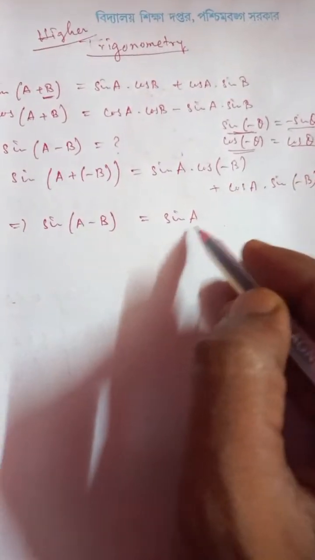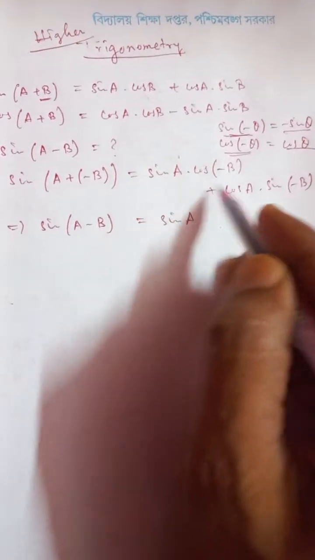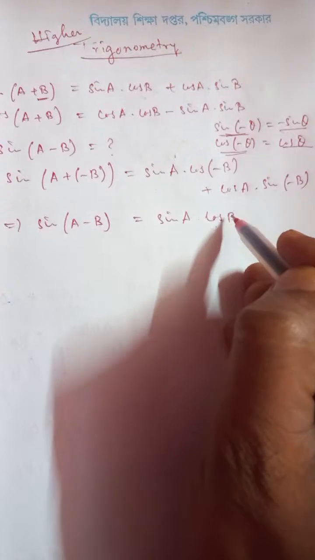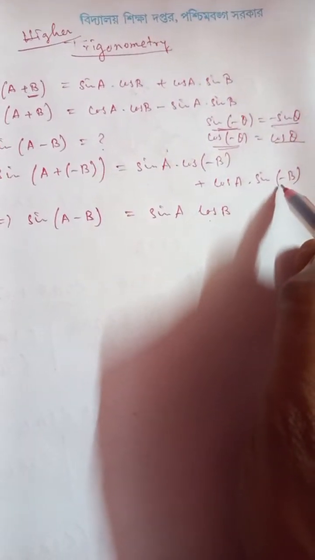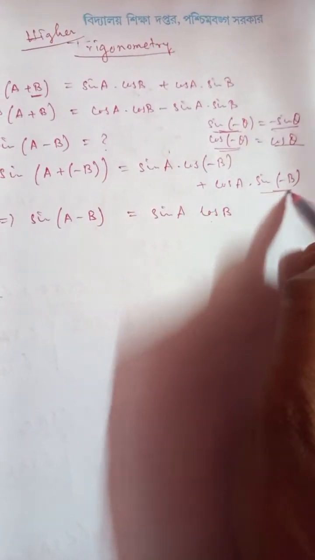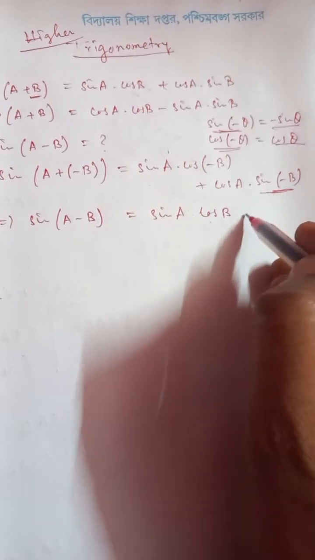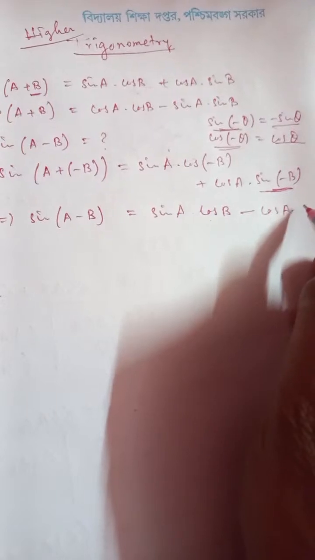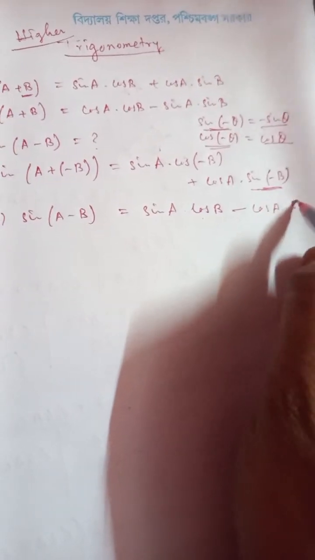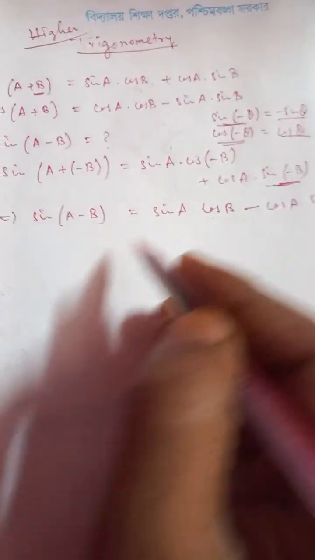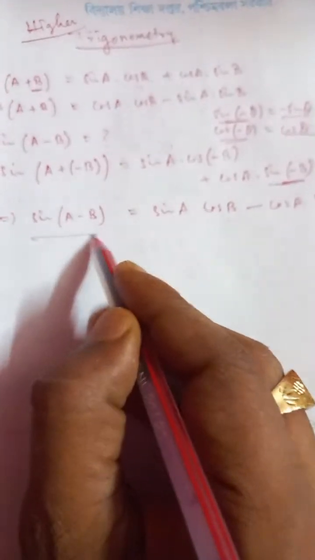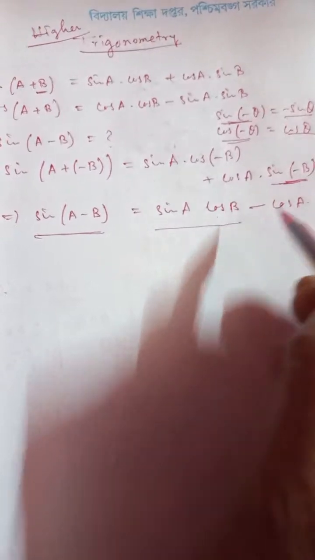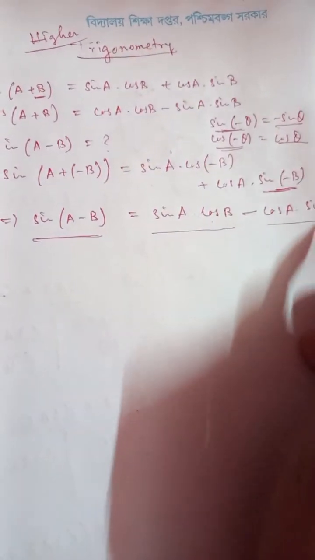So we can put sine A, this will be cos B. Here we will get minus sine, in the fourth quadrant sine is negative, so we will have minus cos A sine B. So this is the formula of sine A minus B: sine A cos B minus cos A sine B.